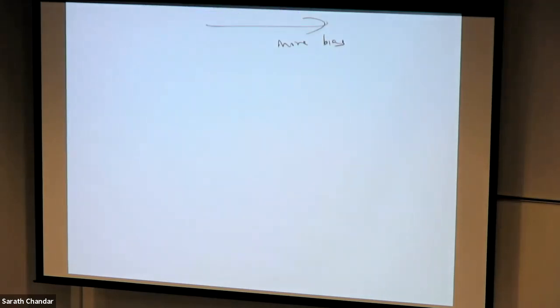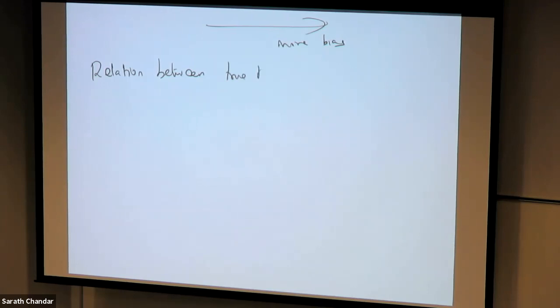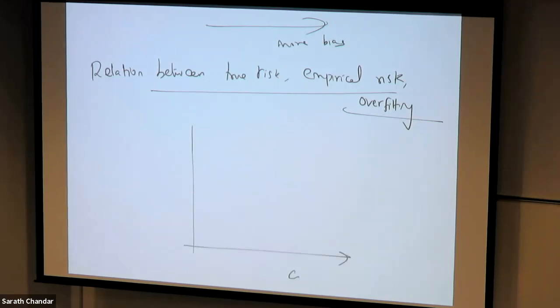Now, I want to conclude with one quick illustration on the relationship between many things that we discussed today, okay? So there is true risk, there is empirical risk, okay? And there is also overfitting. So what is the relationship between all these three, right? So now, let's say this is the complexity of the model.